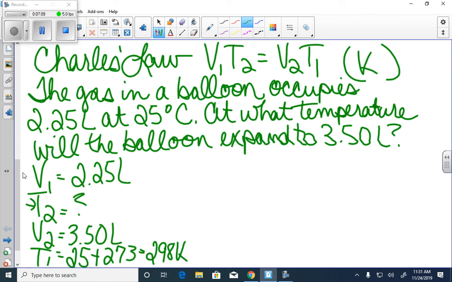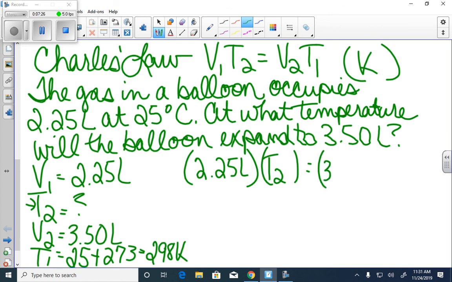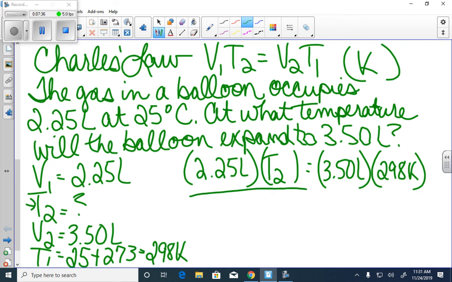So now let's put that all into the formula. V1 first, 2.25 L, and T2, don't know, equals 3.5 liter times 298 K. Again, from algebra, you remember that you need your T2 by itself.